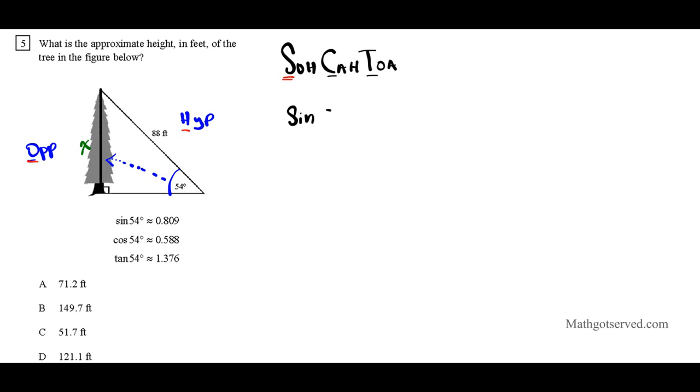All right, so sine 54 equals opposite over hypotenuse. To isolate x, we multiply both sides by 88. So the height of the tree x is going to be 88 sine 54.